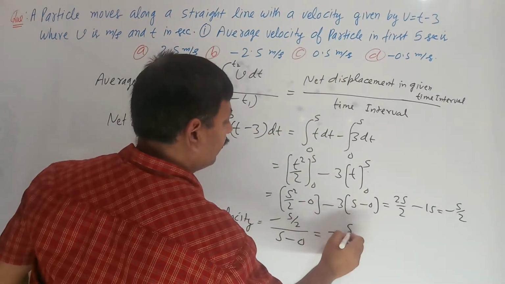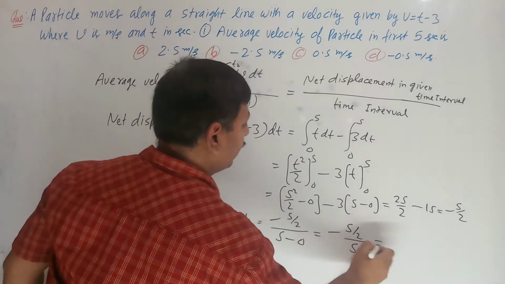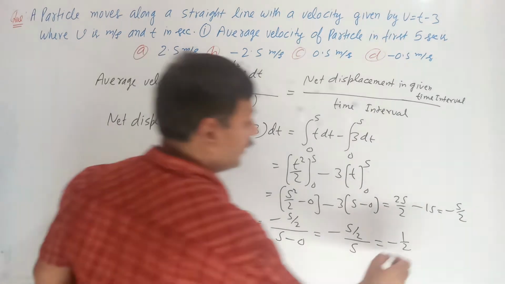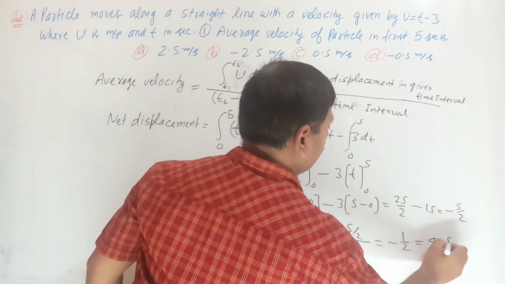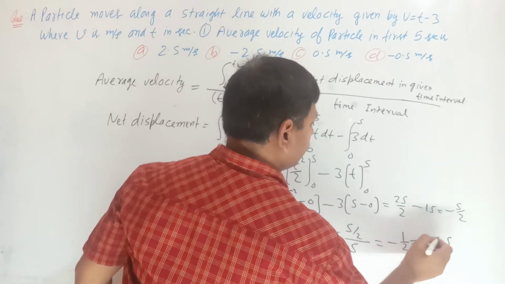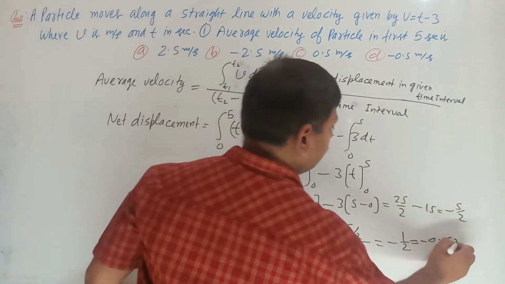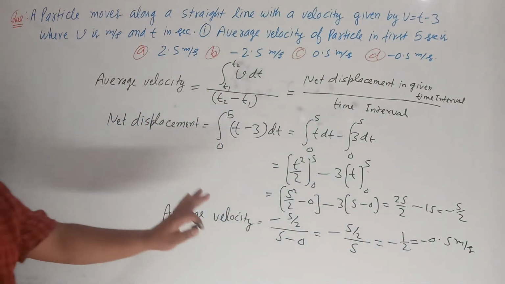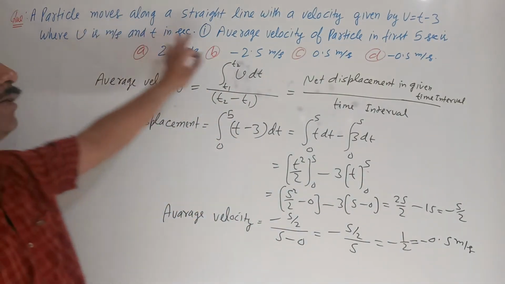So minus 5 by 2 divided by 5 will come minus 1 by 2, or you can say minus 0.5 meter per second. That will be the average velocity for this given question.